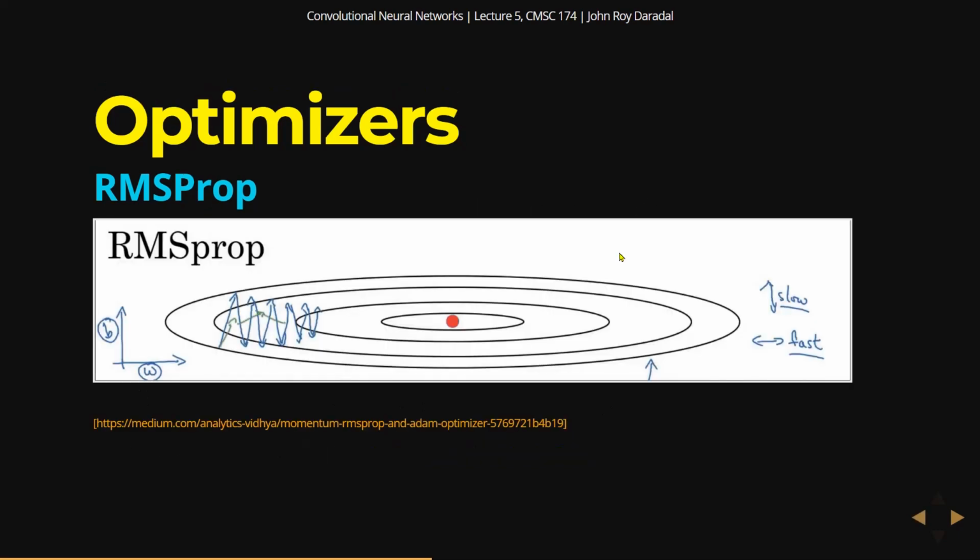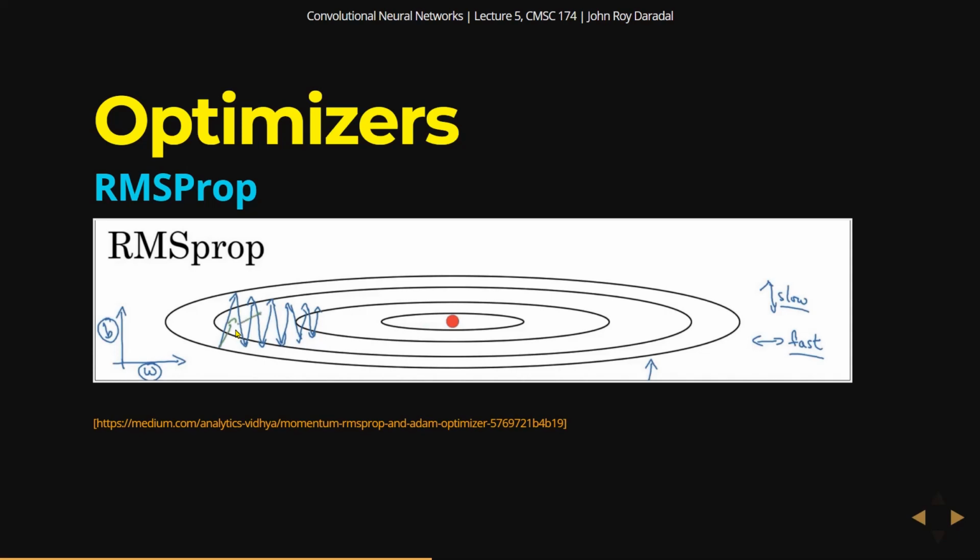Okay, so for RMSprop, here's a little diagram or illustration. For the normal SGD, you have oscillations up and down here, but then for RMSprop, which is in green, you limit the vertical oscillation, so the zigzags are not as high, and it allows you to jump horizontally for faster convergence.